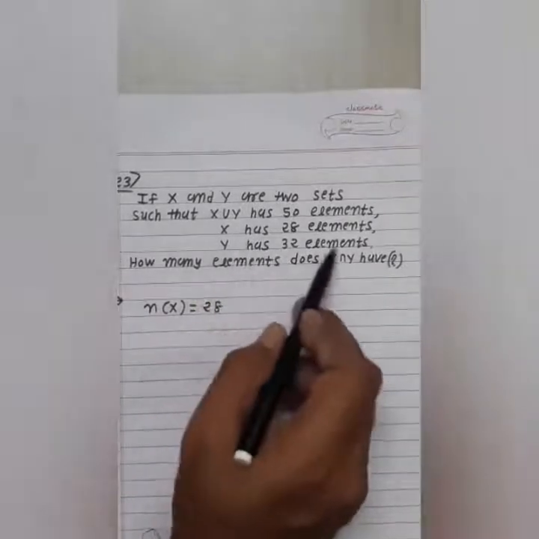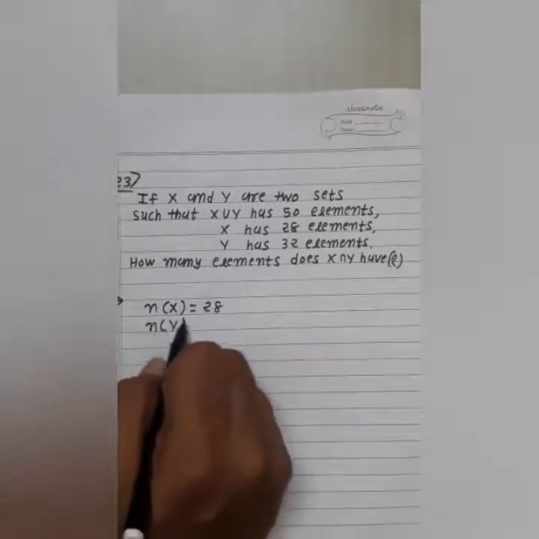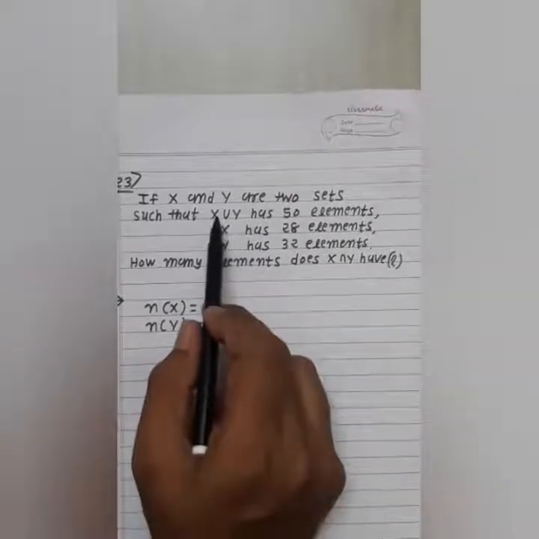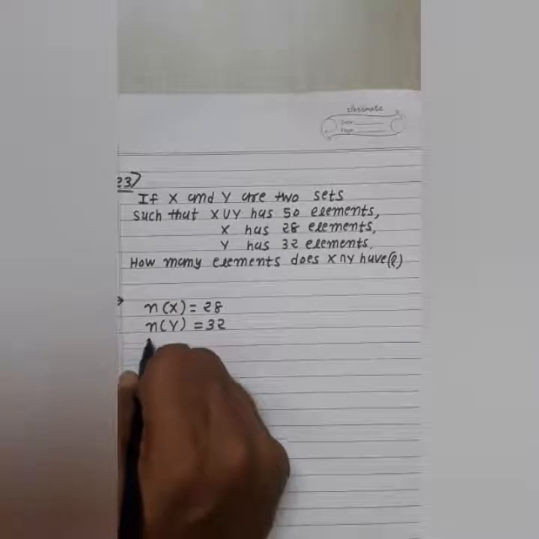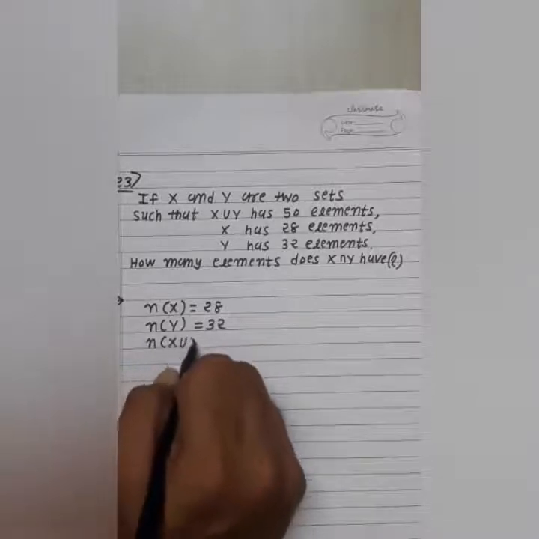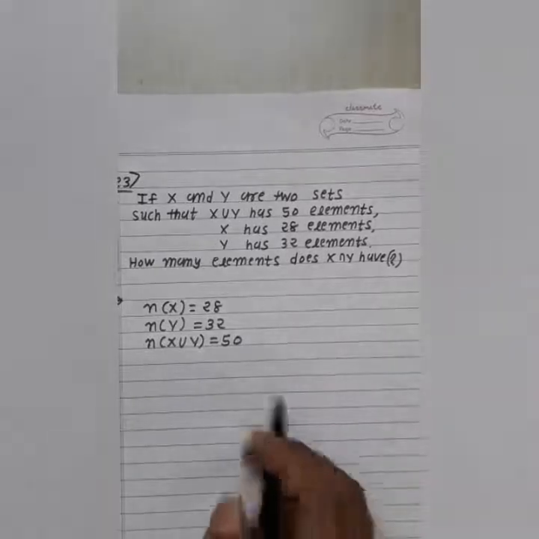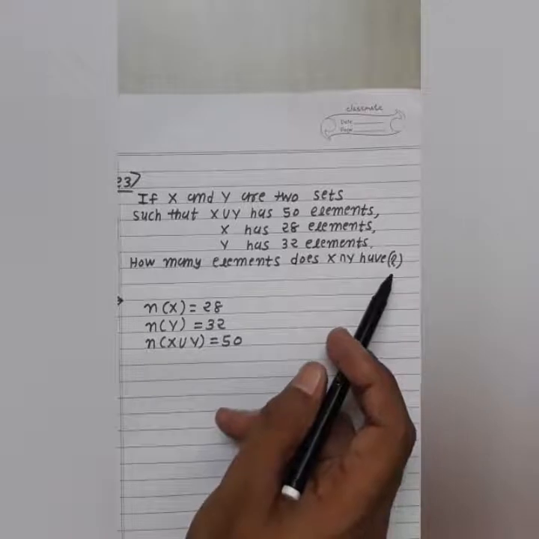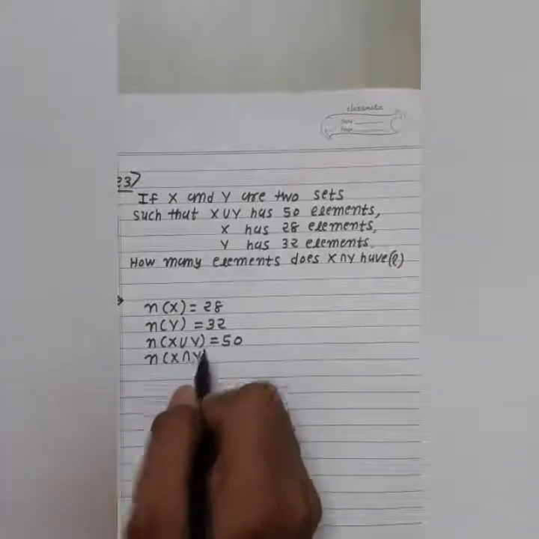Y has 32 elements, so n of y is equal to 32, and x union y has 50 elements, so n of x union y is equal to 50. Now we need to find n of x intersection y.